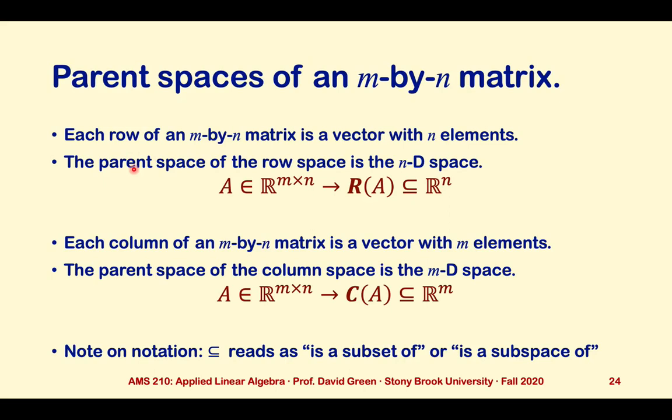What is the dimensionality of the parent space? Similarly, if the column space of some matrix is, say, a plane, is it a plane in 2 dimensions, in which case it is all of 2-dimensional space? Is it a plane that lives in 3 dimensions? Or is it a plane that lives in some higher dimensional space? This will be determined by the number of rows.